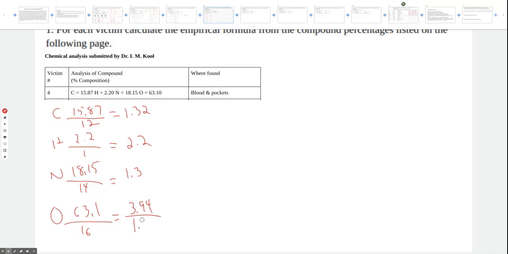So divide them all by the 1.3. So that's the smallest number here. And we get 1, 1.7, 1, and 3. So the 1.7, again, if you get something around between 0.6 and 0.7, best bet is to multiply everything times 3.